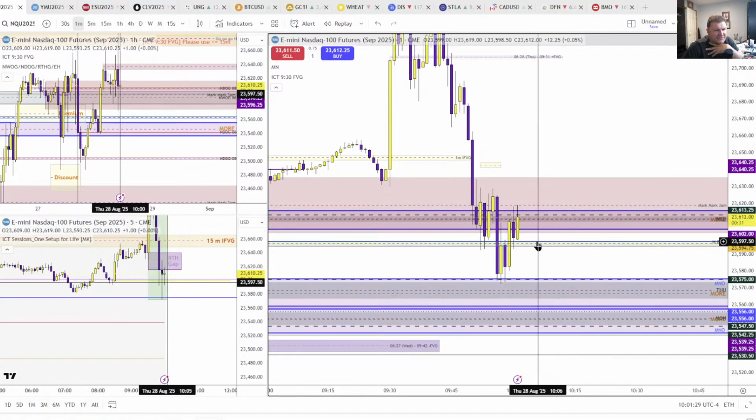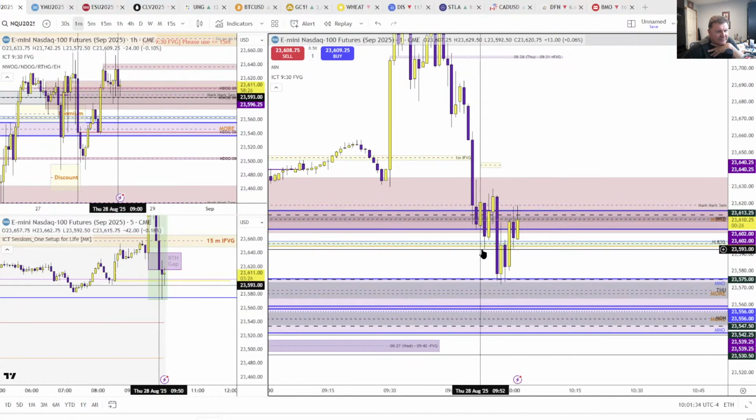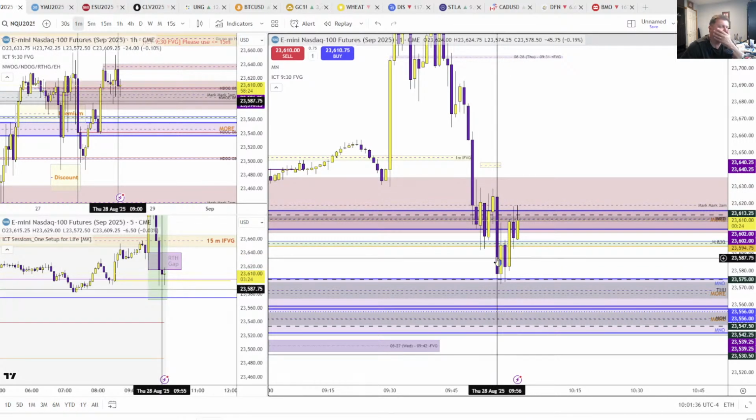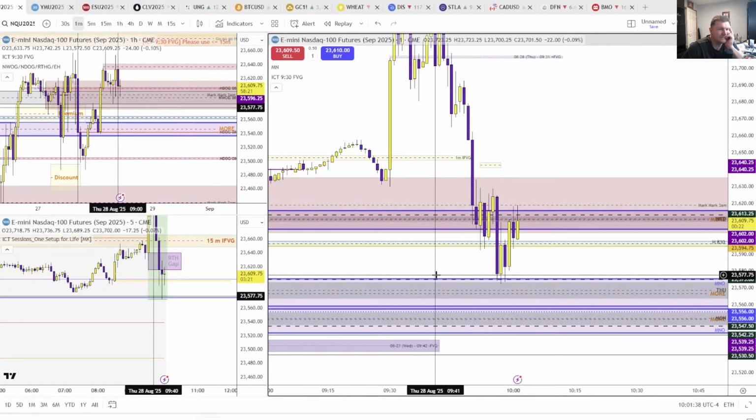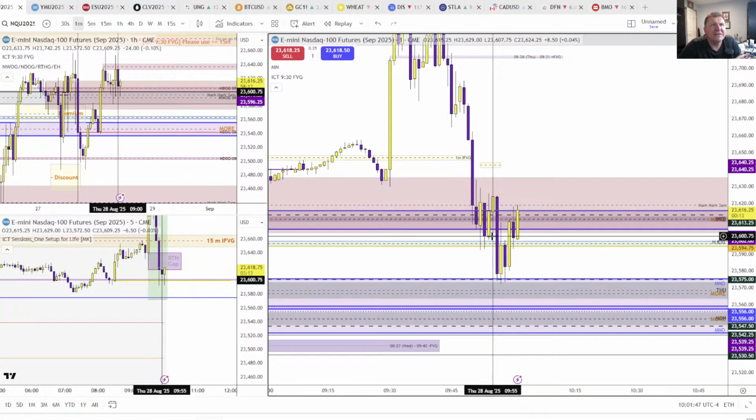Get through this mean threshold right here, which is that Marky Mark's 3-hour candle. Oh, he says, I measured Monday, August the 11th candle and took 61% of that candle, which lines up with that day's candle.